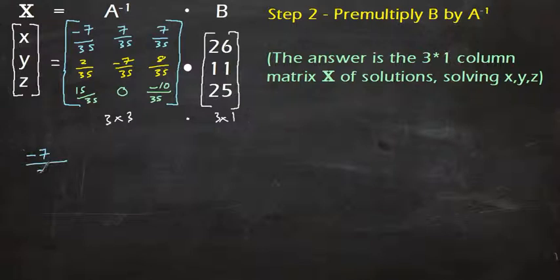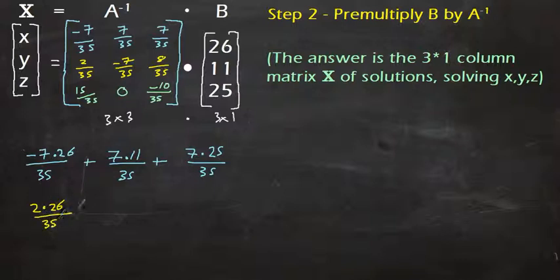minus 7/35 times 26, added to 7/35 times 11, which is 7 times 11 over 35, and add 7/35 times 25, or 7 times 25 over 35. Second row gives us 2 over 35 times 26, is 2 times 26 over 35, doesn't matter which way you write it.